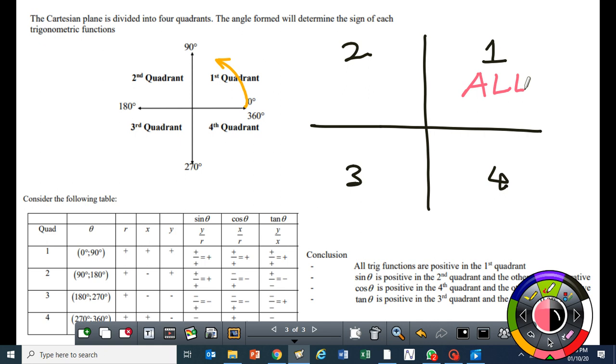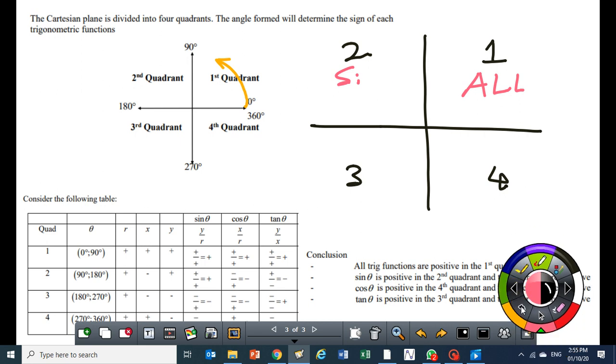Then, in the second quadrant, only sine will be positive. Make sure you pay attention. This is very important. In the second quadrant, sine only is positive. Cos and tan are negative.